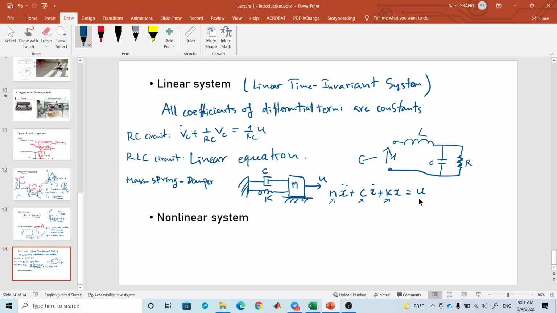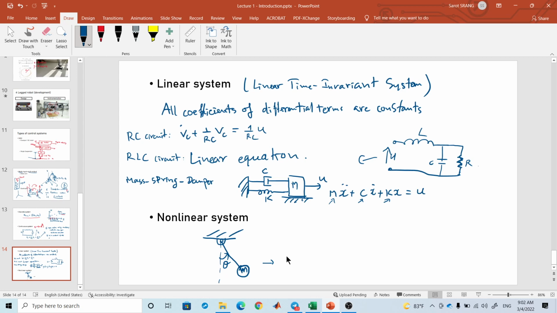How about a nonlinear system? I can give an example. Even a simple pendulum system like this, with mass m, and you want to derive the equation to describe the angle theta.